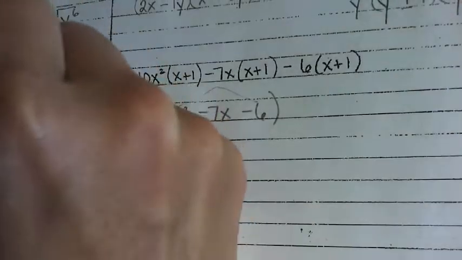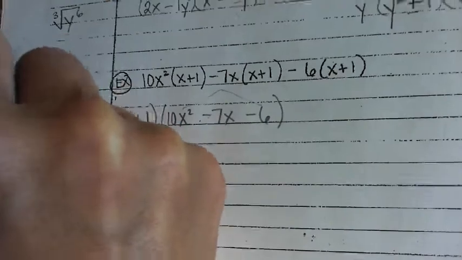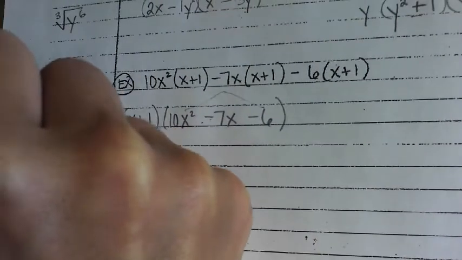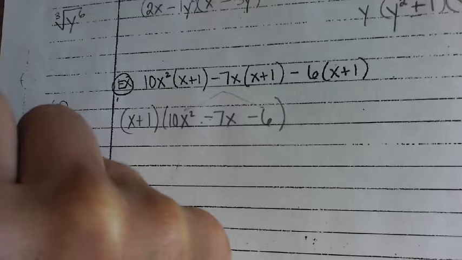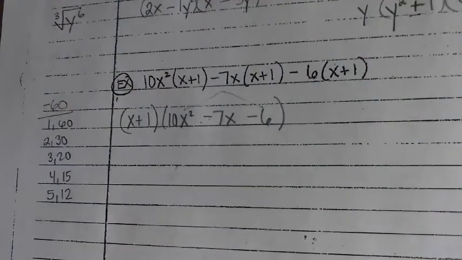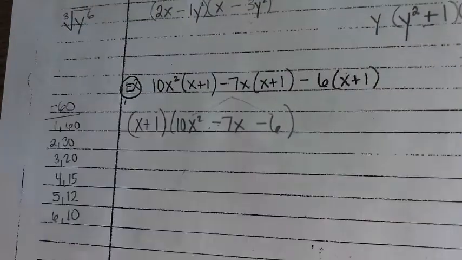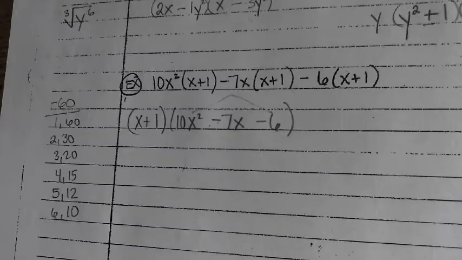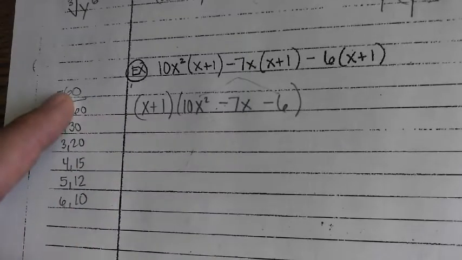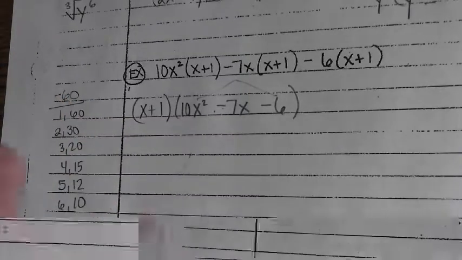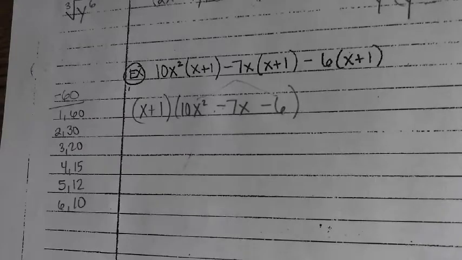Multiply to get negative 60. Obviously I have to mess with the signs a little bit, but because it's going to be a negative 60, these signs need to be opposite. So do any of these have a difference of 7?